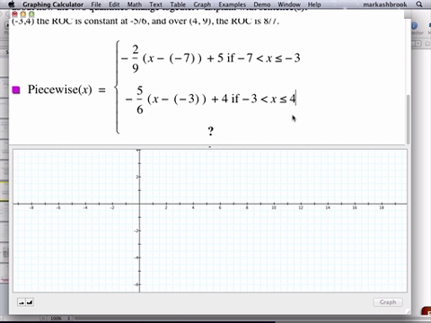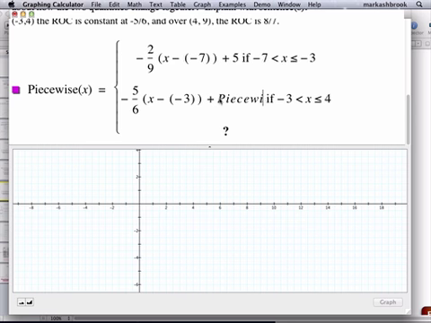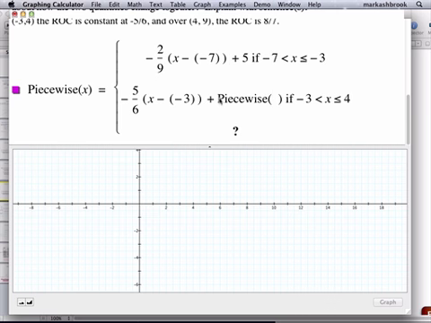This is not the y value. It's an x at the breakpoint. So how can we represent the y value at the breakpoint? Function notation. And so what are we going to invoke so that we get the function value at -3? Piecewise of -3.